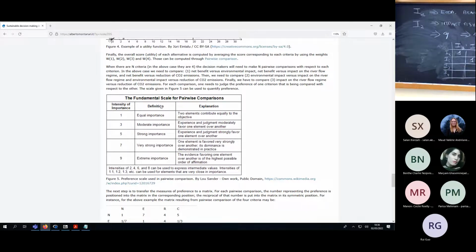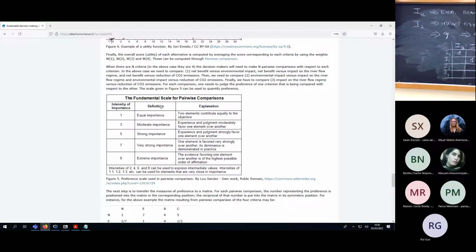Now, let's try to build this matrix, a new one, okay? And then we will see what is the matrix that is proposed by the exercise. But let's try to build a new one, and let's try to understand consistency. And let's play the part of the people who really care about the environment, okay?